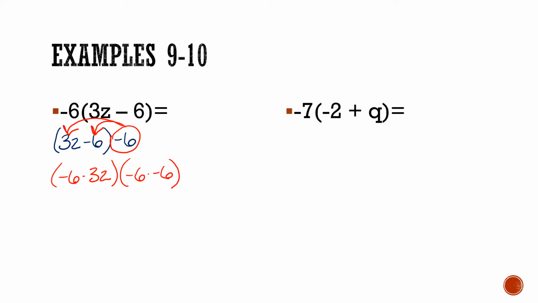So I'm taking that negative with that 6 here. So negative 6 times 3z is negative 18z, and negative times a negative is going to make that positive 36. So we can write it as negative 18z plus 36, or 36 minus 18z.